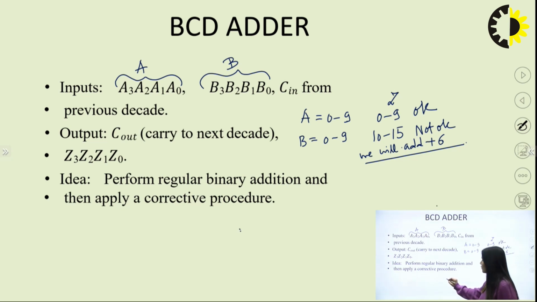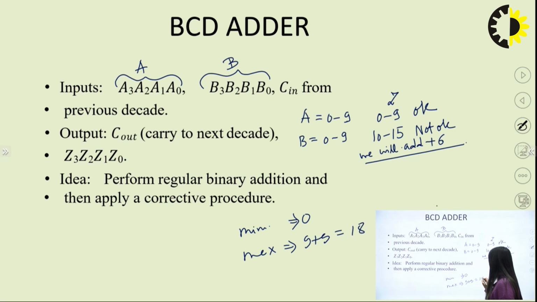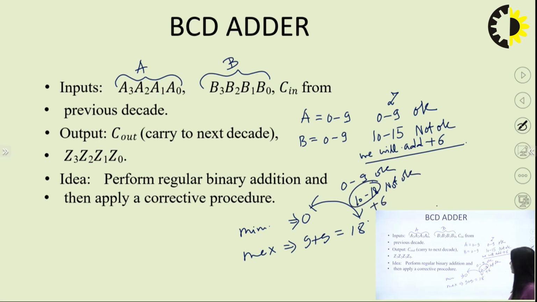The minimum value after BCD addition will be 0, obviously 0 plus 0, 0 is also a BCD number, and the maximum value which can result is 9 plus 9, that is 18. So result will be between 0 to 18. 0 to 9 result is okay, but 10 to 18 result is not okay. Then we have to add the plus 6, okay, as a corrective procedure.